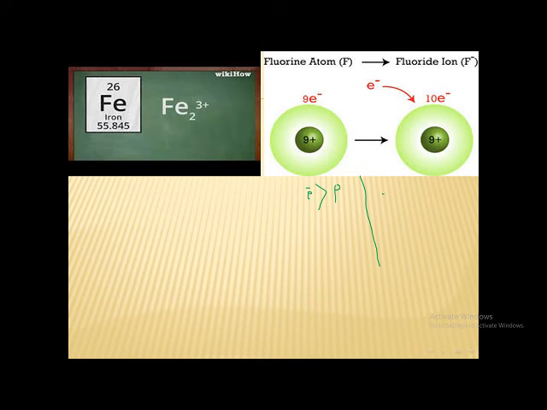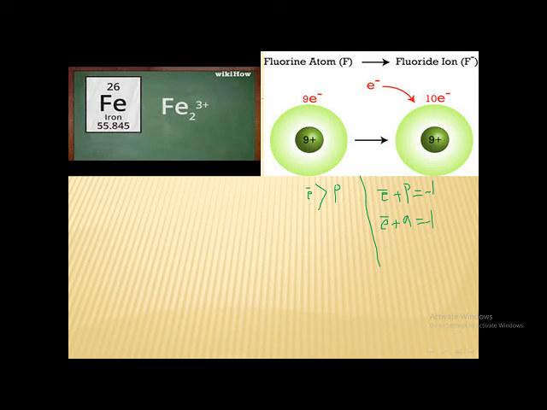So the number of electrons plus the number of protons is minus 1, sorry. So what is the number of protons? From this picture you can know it's 9. So electron plus 9 is minus 1.